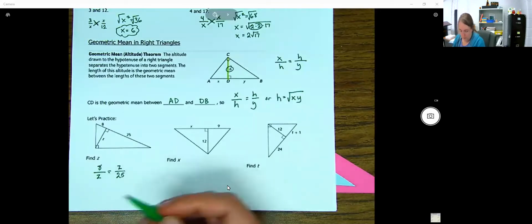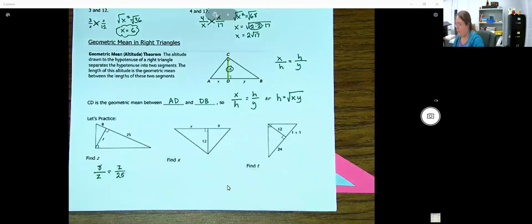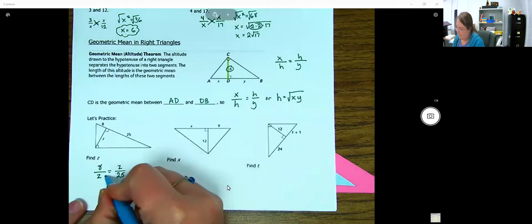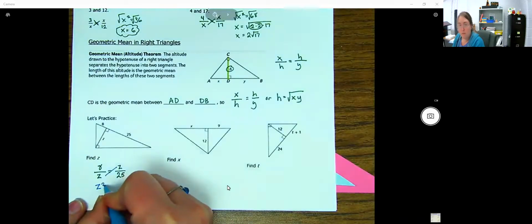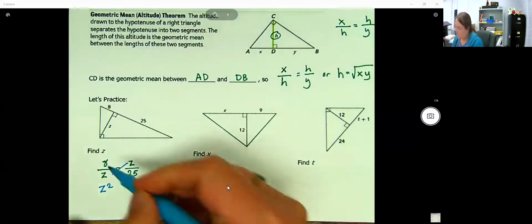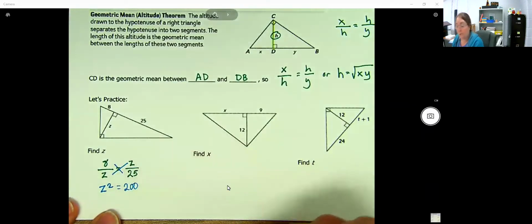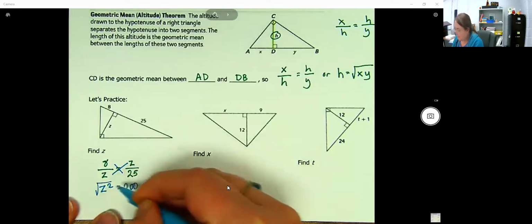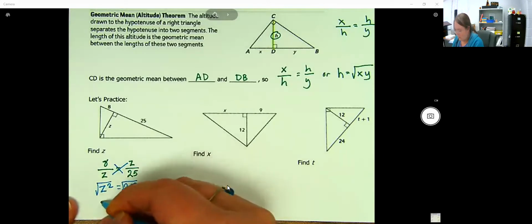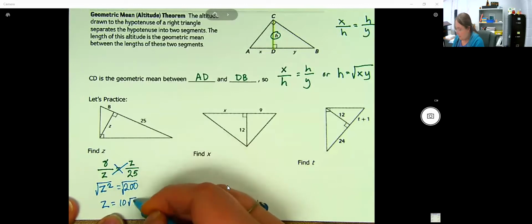Okay, so you would want to cross multiply. Z times z is z squared. And 8 times 25 is 200. So to find what just z is, we're going to find the square root of 200. In this case, it is 10 radical 2.